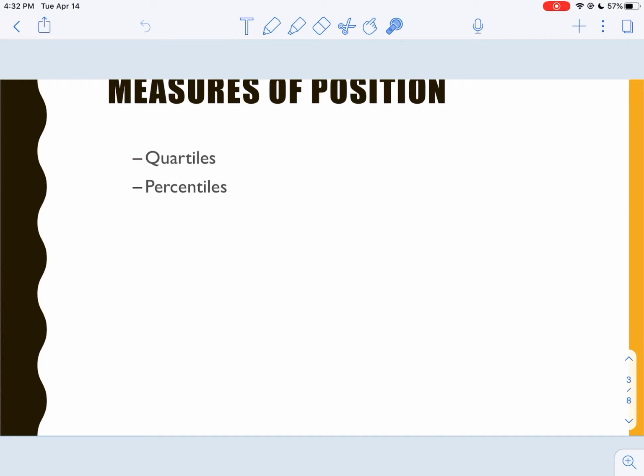So looking at the data, if I have a certain percentile, say the 23rd percentile, then that means 23% of the data is below that point, and the rest is above. Or if we're looking at quartiles, the first quartile would correspond to 25% of the data below. So that's measures of position.